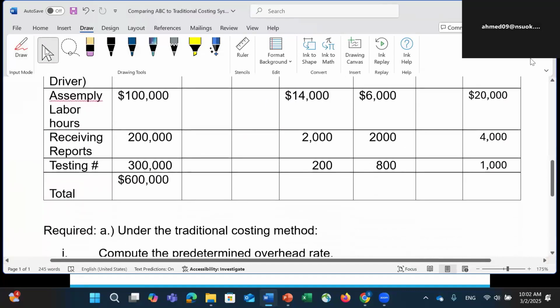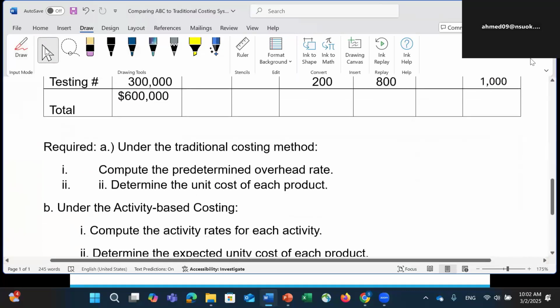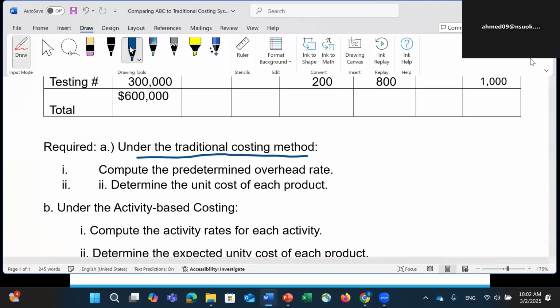The question is, under the traditional cost method, we have to determine the unit cost for each product. Very simple, we just did that.